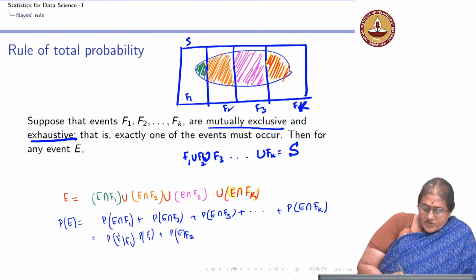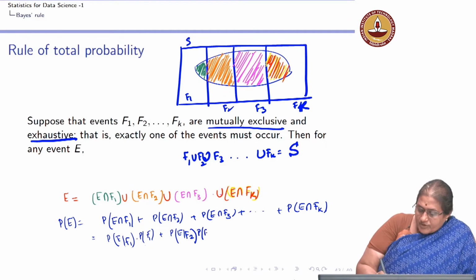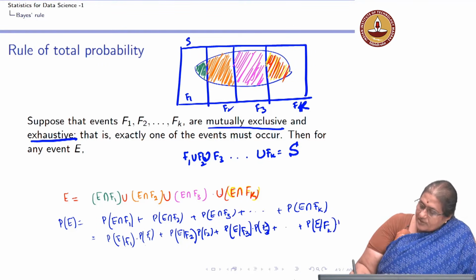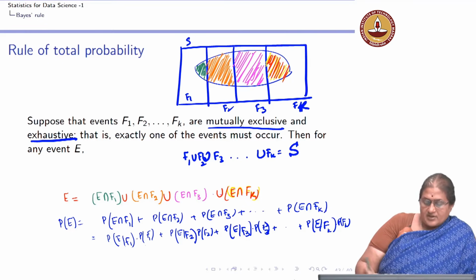Applying my multiplication rule, I get this is equal to probability E conditioned on F1 into probability of F1 plus probability E conditioned on F2 into probability of F2 plus probability E conditioned on F3 into probability of F3 plus probability of E conditioned on Fk into probability of Fk.